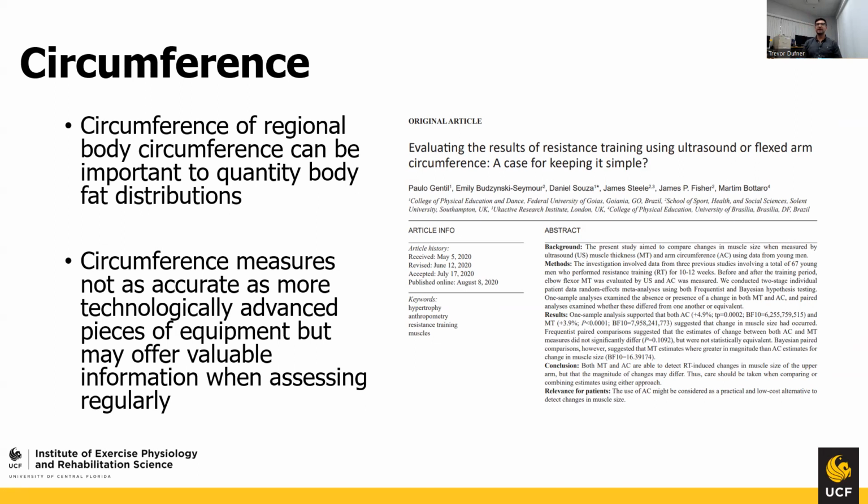Circumference measures are not as accurate as more technologically advanced pieces of equipment, but they may offer valuable information when assessing regularly. If you assess somebody day 1, day 40, day 80, you can track their gains, their muscle size, their overall body size increase or decrease throughout a training program.